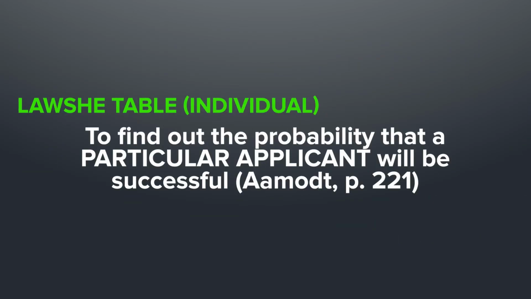Pag gumamit ka ng Naylor-Shine, tapos ginamit mo yung test in your selection process, malalaman mo kung gaano ba niya ma-improve yung performance ng sales mo. So maybe, pag gamit mo ng test, ang nangyari na, yung salesman na na-hire mo, on average, they can close and sell your product 8 sales in every 100 prospects. So ganun siya. Lawshe naman is to find out the probability that our particular applicant will be successful.